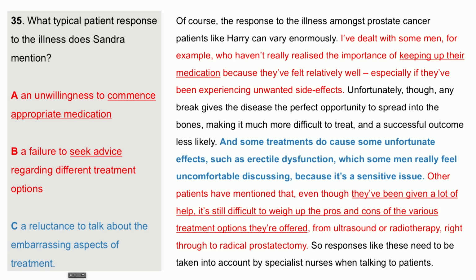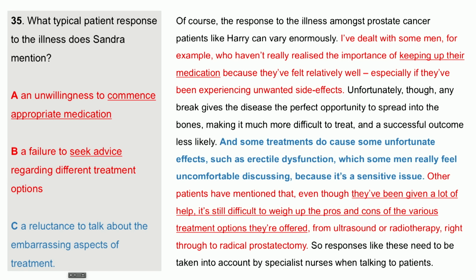Okay, look at A. Does she mention an unwillingness to commence appropriate medication? Well, it says right at the top there, I've dealt with some men, for example, who haven't really realized the importance of keeping up their medication, which is very different to commencing medication. And B, does she mention a failure to seek advice regarding different treatment options?